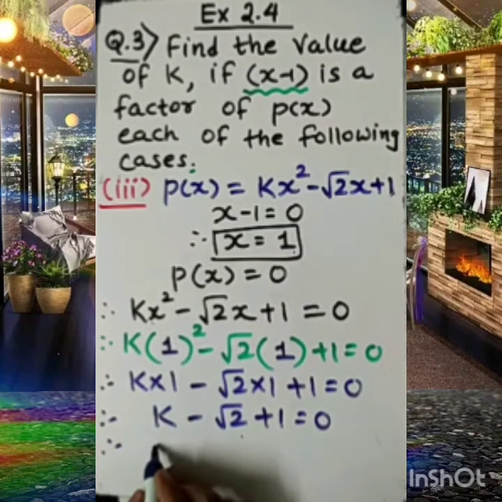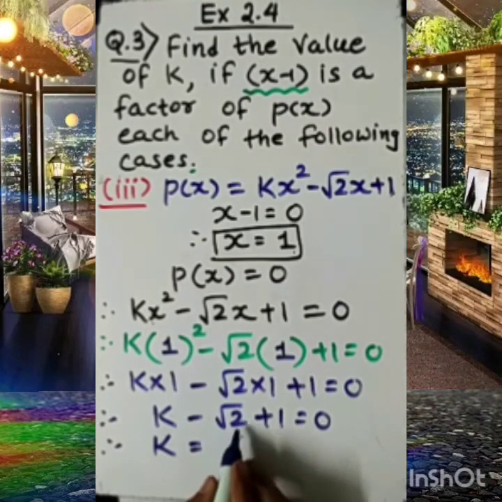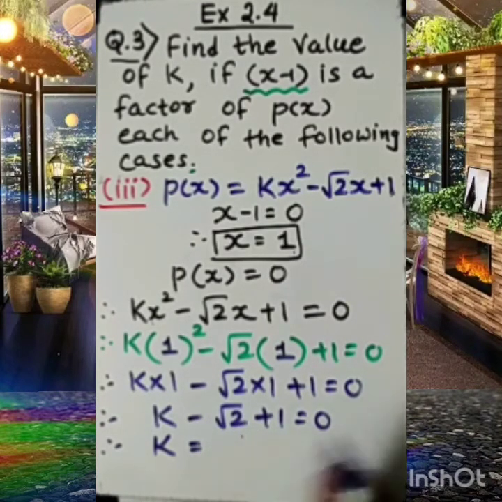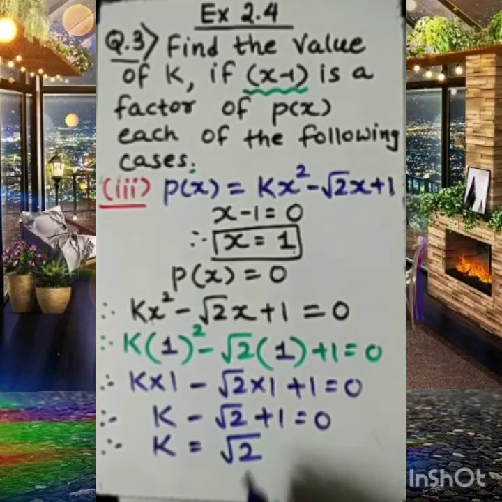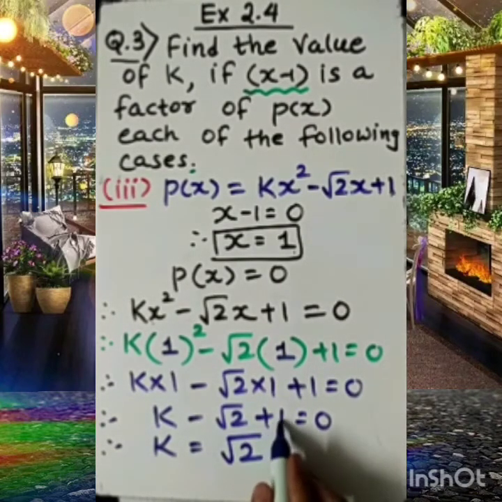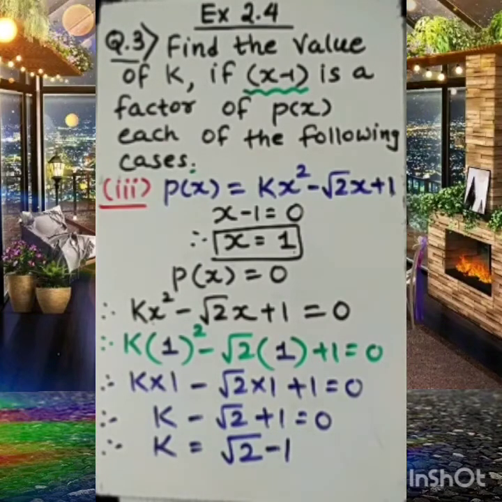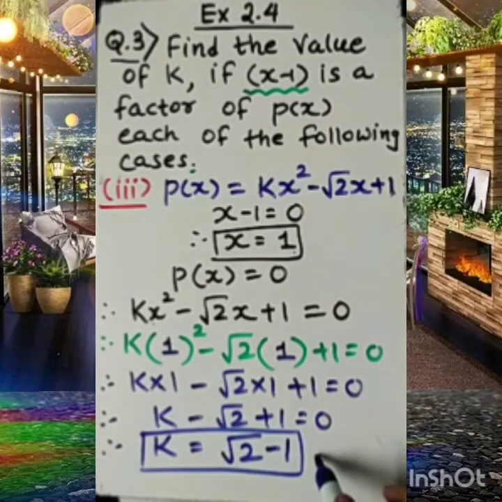So what to do? Now as I want to make k the subject, I am bringing this minus root 2 to that side, and it will become plus root 2, and this plus 1 will become minus 1 this time. So this is our final answer. The value of k will be root 2 minus 1.